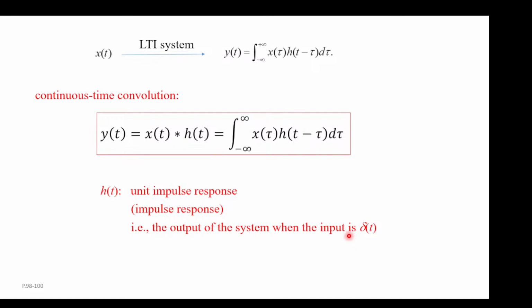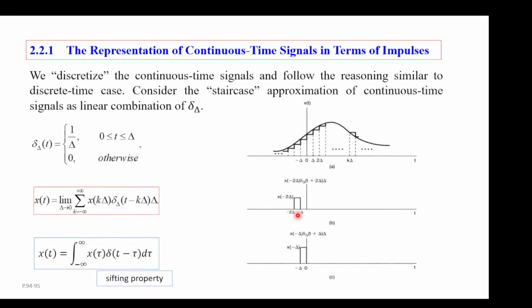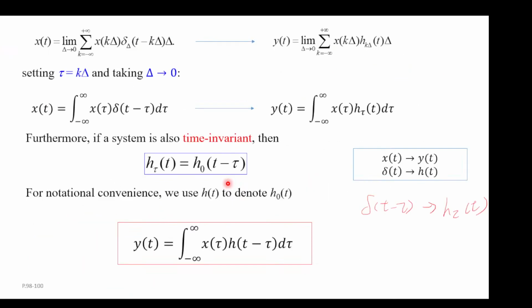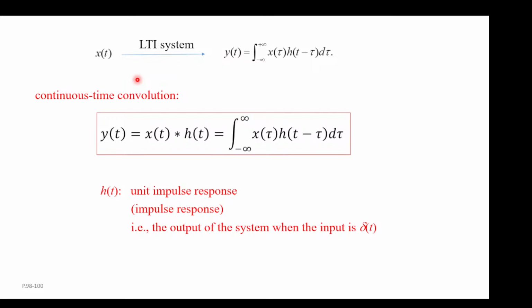Remember, the delta function is the limit of delta sub triangle as the triangle width goes to 0, so it has infinite height at 0 and is 0 elsewhere. Let me draw it here once again. The delta function is this weird function with a spike at 0.